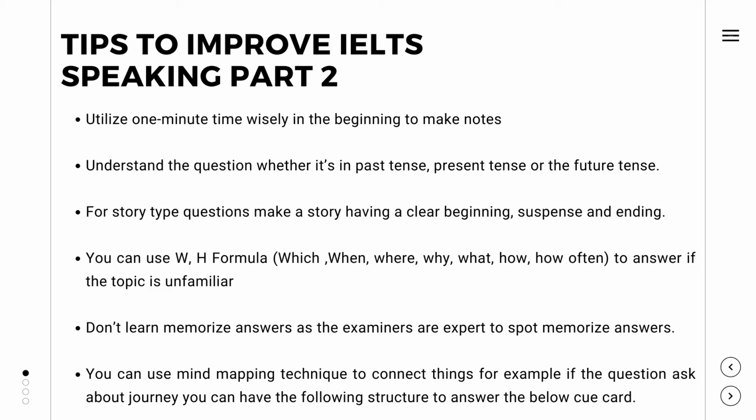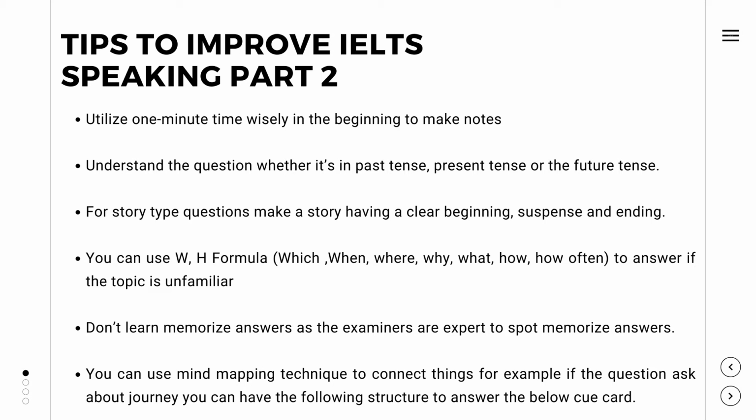Tip number 3 is for story type questions, because I told you that you might be confronted with a story type question. In that case, you can also make a story. It can be a false story, because the examiner is not checking your knowledge of the topic. He's just checking your English. So you can make any story.